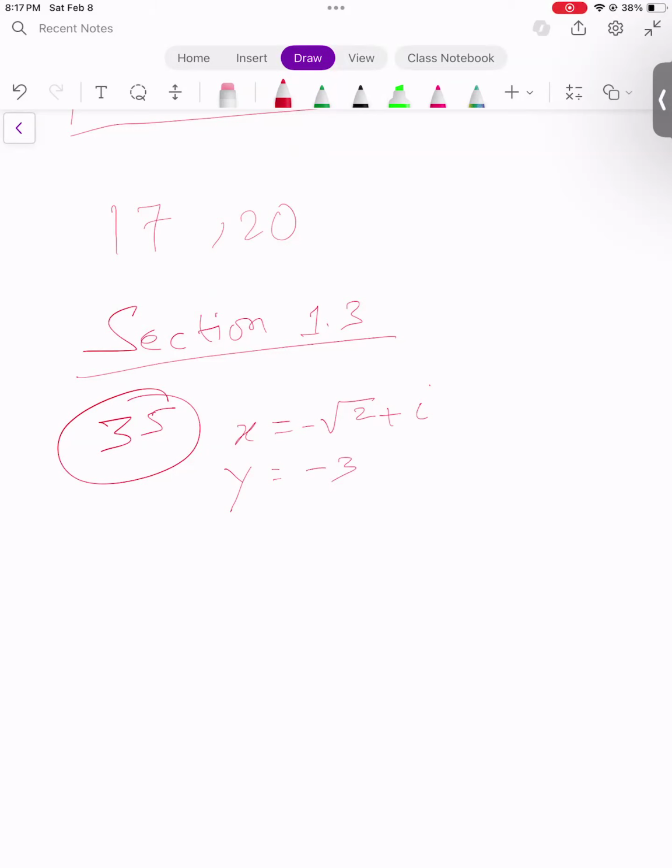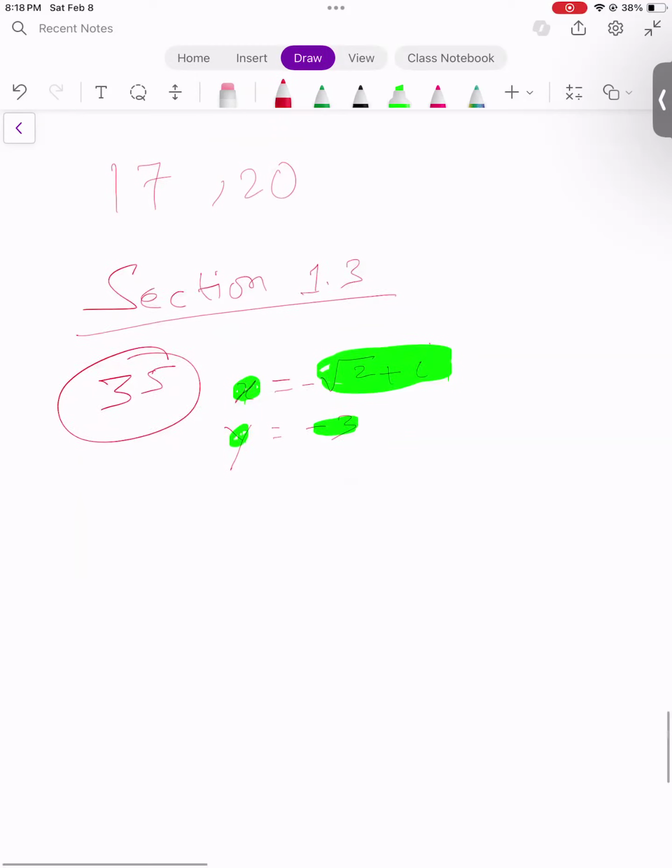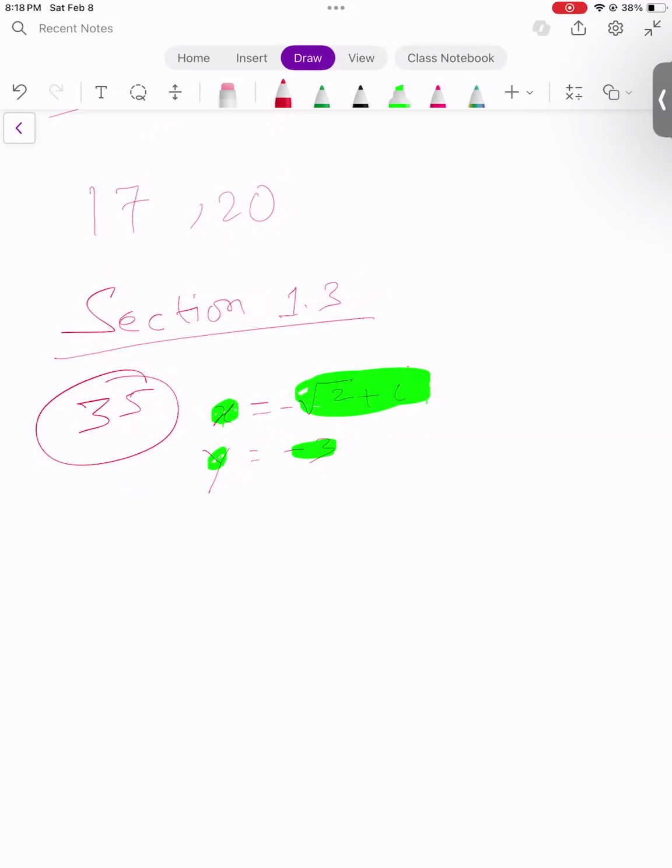So here we have this complex number and they use x to represent it. And we have a real number, negative 3, and they use y to represent negative 3. A complex number always has i, an imaginary part and a real part. Negative root 2 is the real part, and the part with i is the imaginary part.